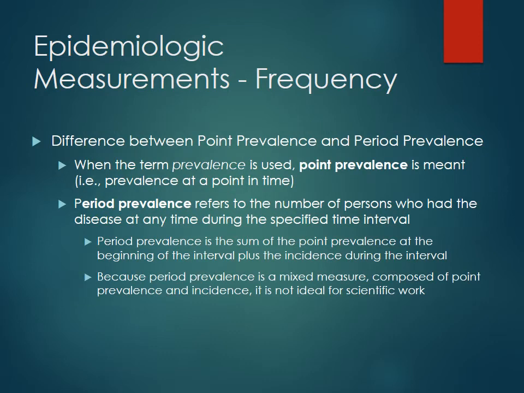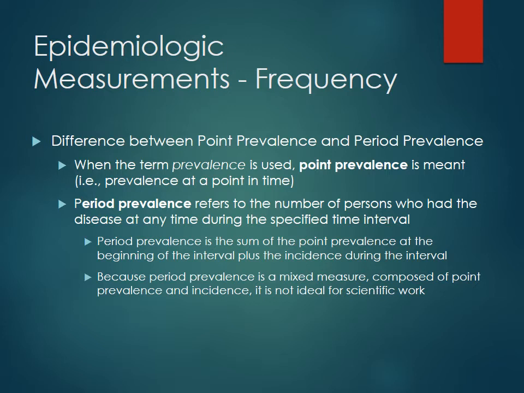So the difference between point prevalence and period prevalence: the term prevalence is usually meant as point prevalence, so at one specific point in time, we're saying this is the prevalence of the condition. Period prevalence is going to be a little bit more broad. It's referring to the number of persons who had the disease at any time during the specified time interval. I'll show you a graph in just a minute to show you some of the differences between these.